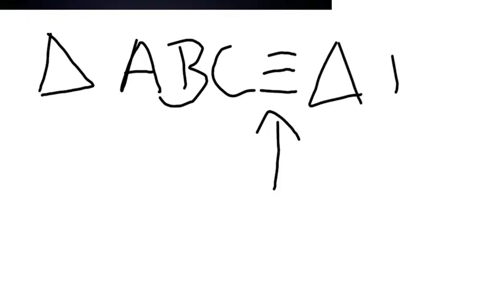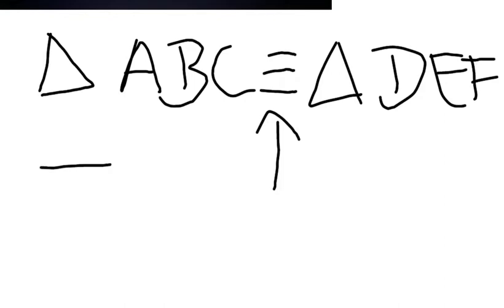Ways to write congruence are, we can write triangle ABC is congruent, this symbol here means congruent to, triangle DEF.